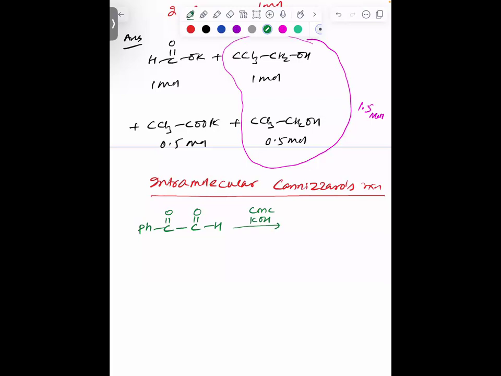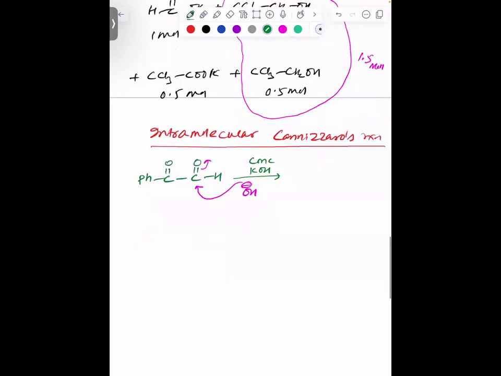Yes, no alpha hydrogen. KOH is present, so that can act as the nucleophile. The nucleophile can attack the carbonyl carbon, which is more reactive. So this center.